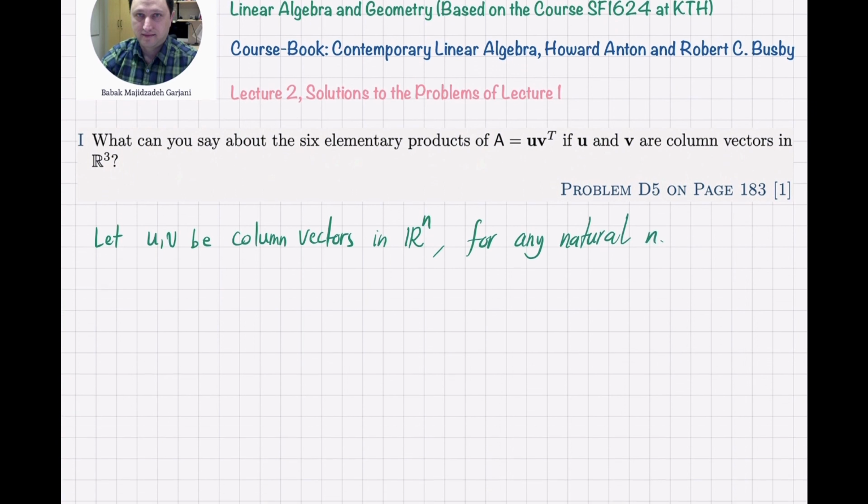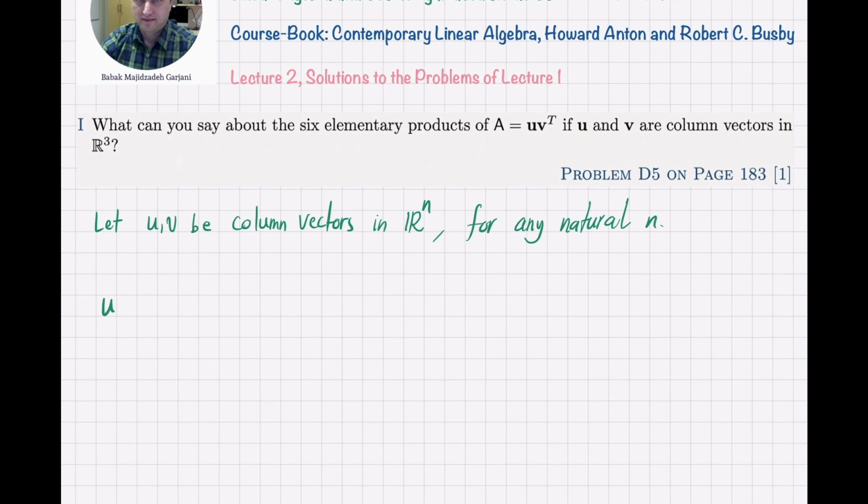Okay, so what can we write? For example, the vector u has n components. I would call them u1, u2 up to un. And vector v also has n components, v1, v2 up to vn. Yes.